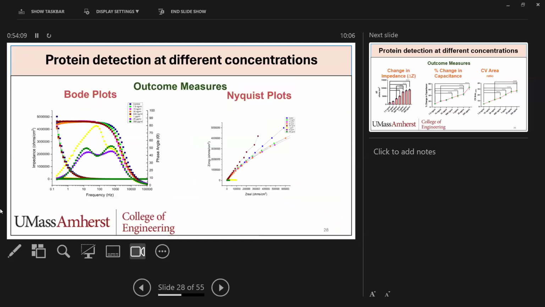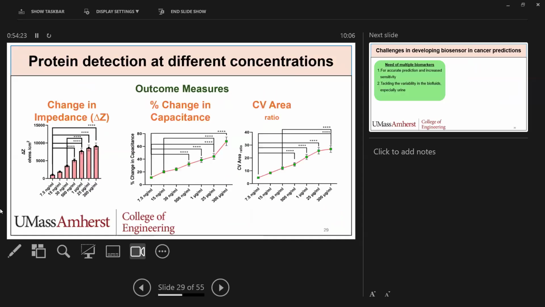So this is how it exactly looks, the Bode plot and Nyquist plot for the concentration-dependent study, just an example for you to see the changes in the response curve with concentration. And the change in impedance, change in capacitance, cyclic voltammetry area.